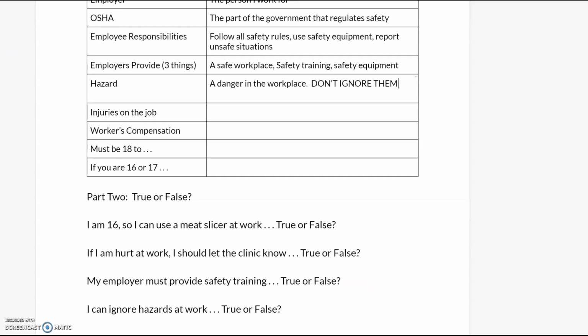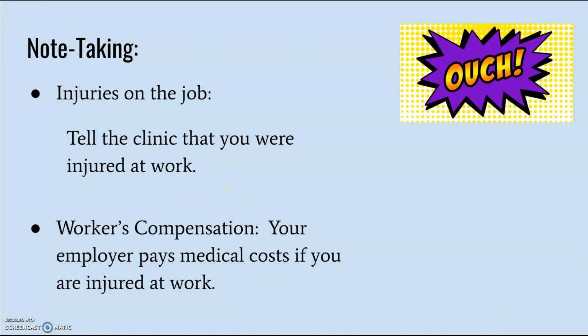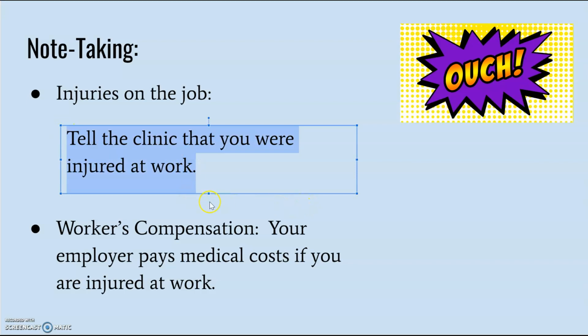If you are hurt at work, which we really hope does not happen, you need to tell the clinic that you were injured at work. So I sliced my finger, I need a couple stitches. When you go to the doctor's office, you need to let them know you were injured at work.